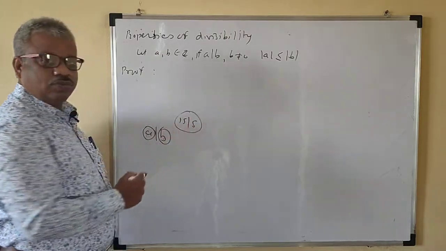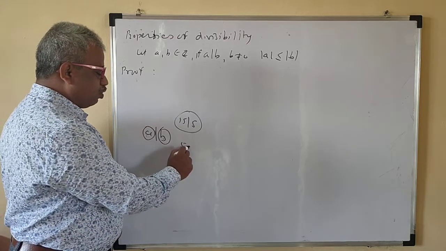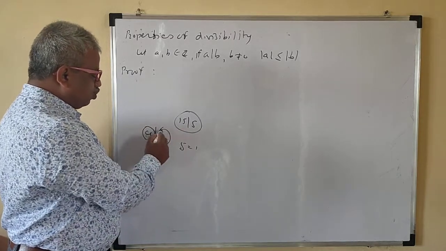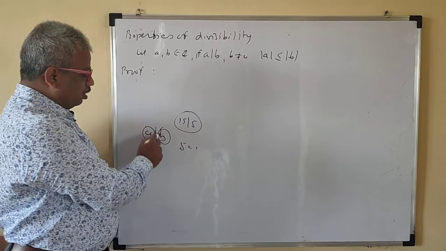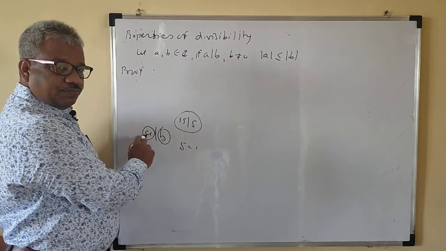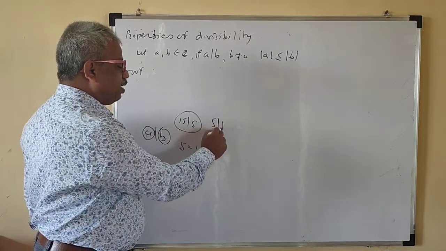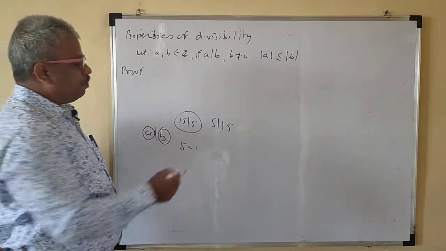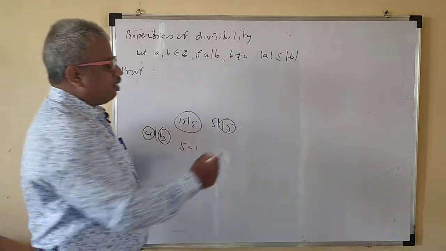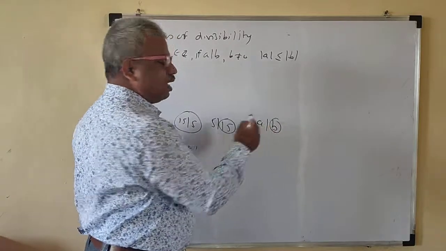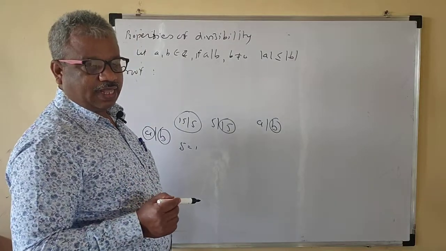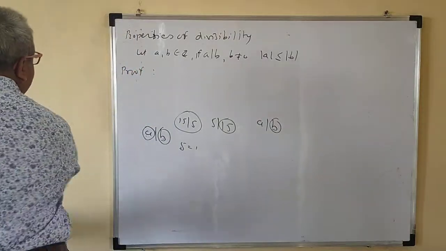This is not true because you cannot write 5 equal to 15 times an integer. So this number should be the greater number than this. So you can write 5 divides 15 here. This is true. 15 is the greater. So whenever you write A divides B, this B should be bigger than A. So you should know this. So we prove this one.